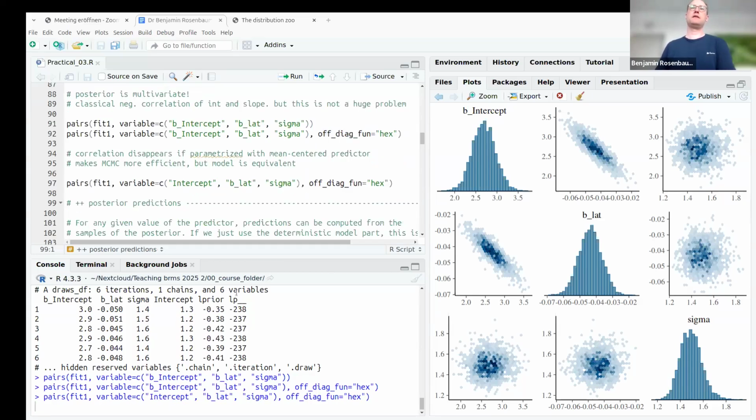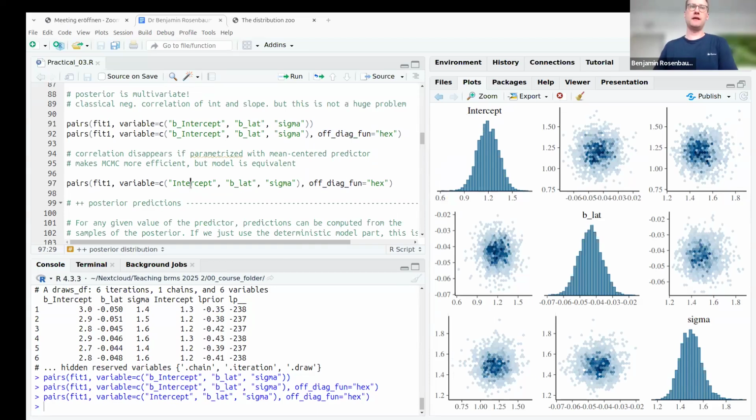However, internally, brms doesn't use the intercept, but it uses the intercept for a mean-centered variable. And by mean centering, you remove this correlation between intercept and slope, because the intercept is now in the middle of the data, and then the slope change doesn't affect the intercept. This is just done internally because then new samples can be generated more effectively.